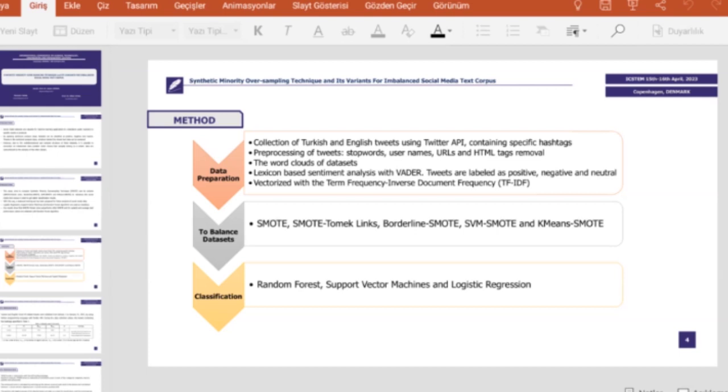After applying those techniques, we got balanced classification data sets. Then we applied random forest, support vector machines, and logistic regression classification algorithms on those data sets.